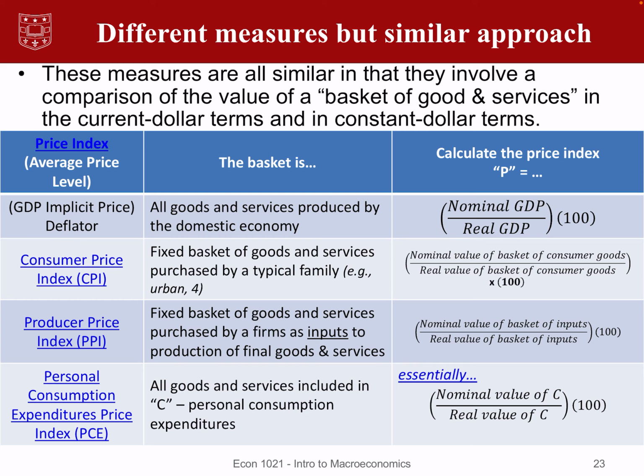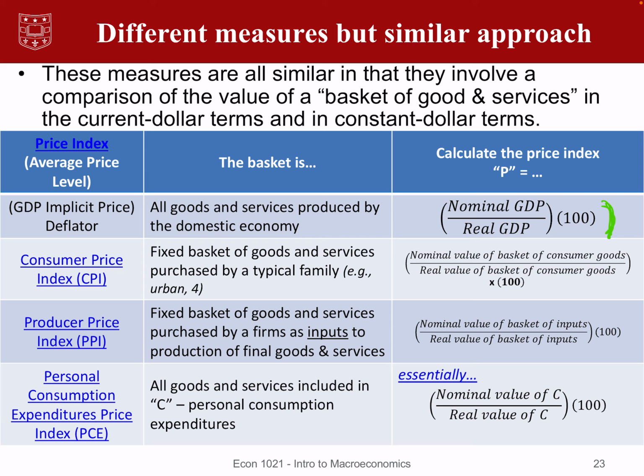We calculate that as nominal GDP divided by real GDP multiplied by 100. Or we can look at the consumer price index, and what we're essentially comparing in the construction of the price index itself is the current dollar value of the basket of goods and services to the real dollar value of the basket of goods and services.